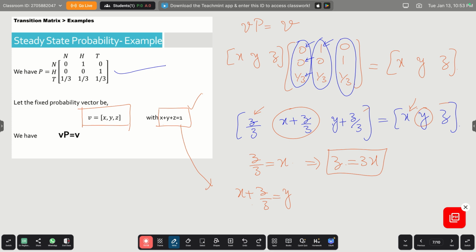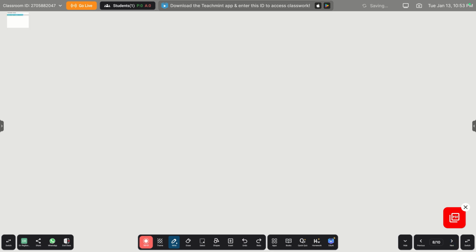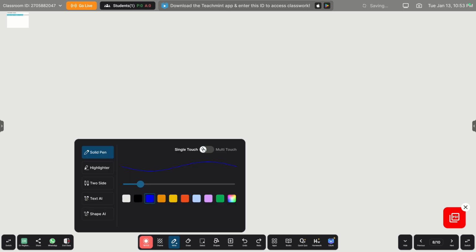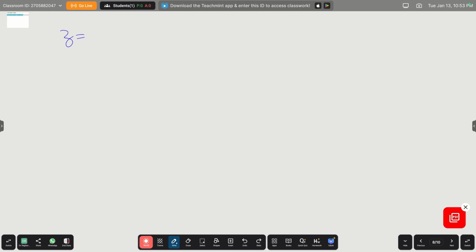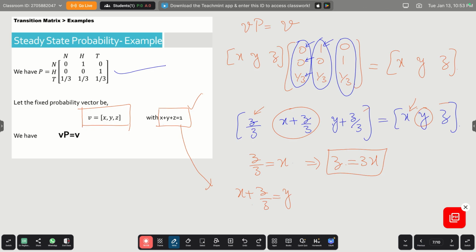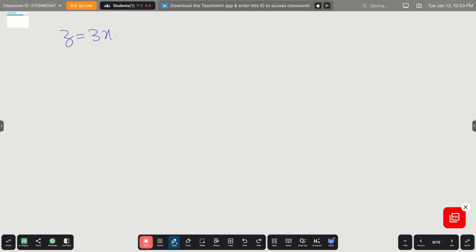First one, let me remember, z is equal to 3x. And the second equation is x plus z by 3 equal to y. And the third equation is the main one, x plus y plus z equal to 1, where I substitute the other variables.